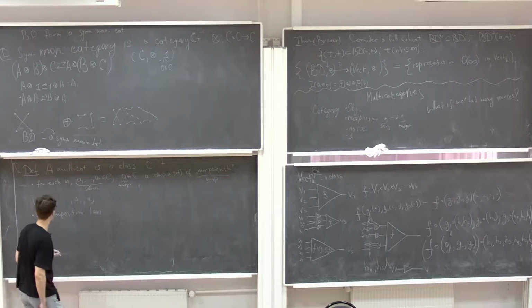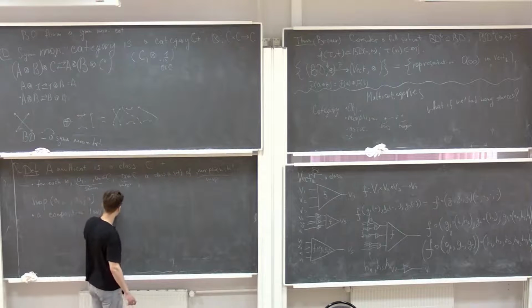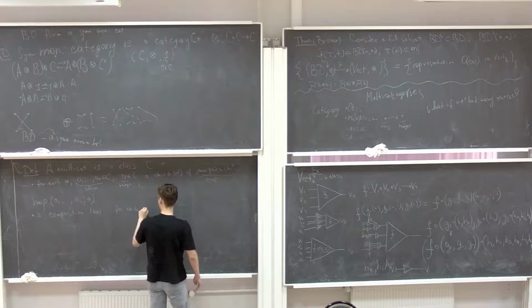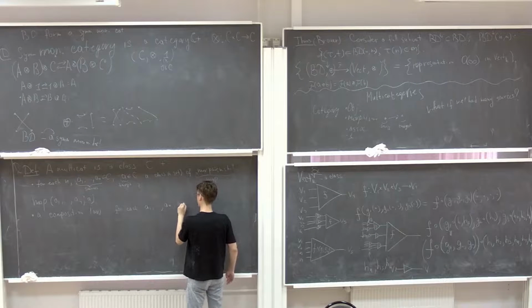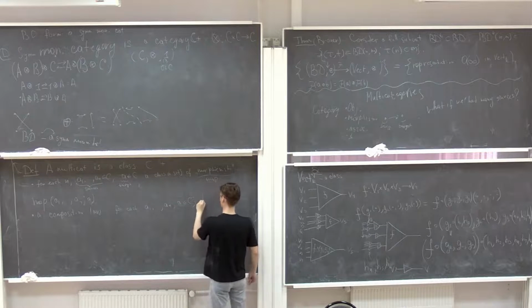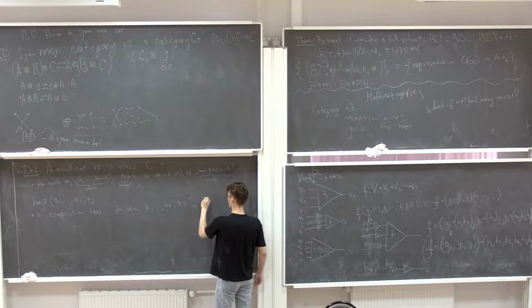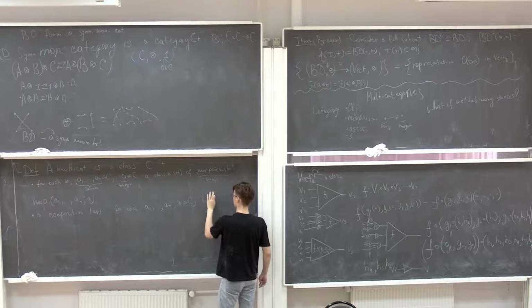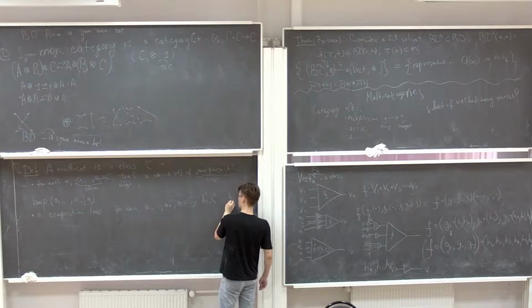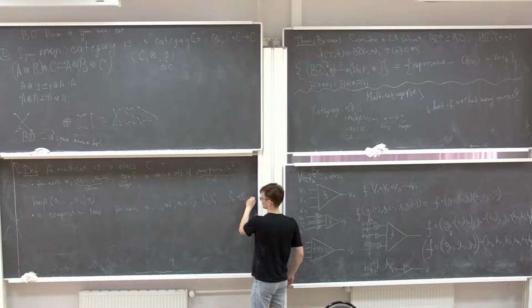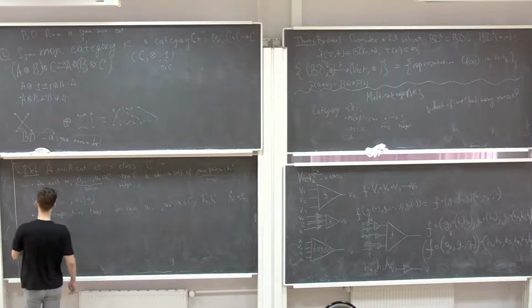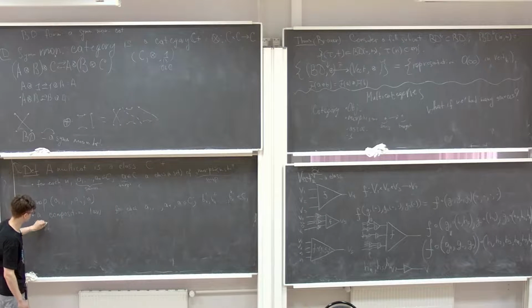Well, for example, again, for each A1, ..., An, A, and B1,1, B1,2, and so on, many Bs, that give the composition.